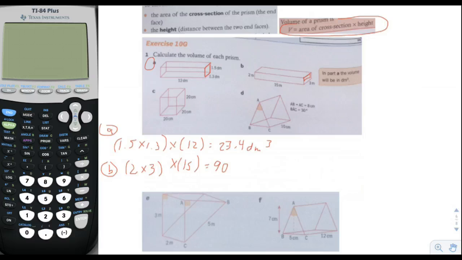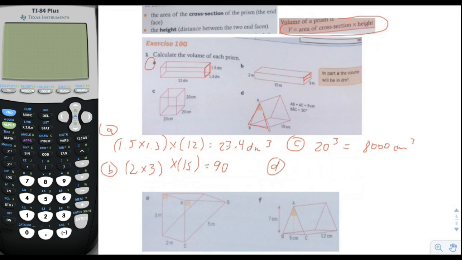You could use length, width times height formula also. So for C, we could just do 20 times 20 times 20, right? Or 20 cubed. That would just give you 8,000 centimeters cubed.